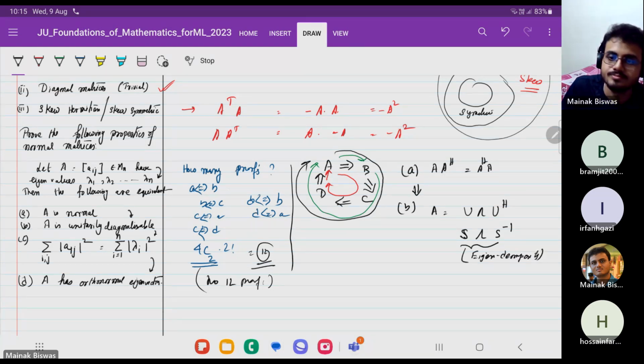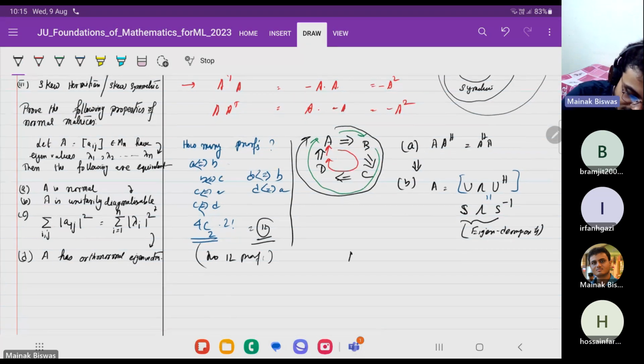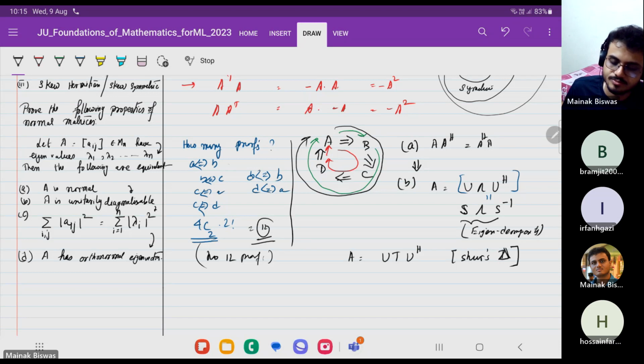Yes, so here we'll be doing eigen decomposition only using unitary matrices. That's the catch. So how will I do that? Do you agree I can write A as U T U Hermitian from Schur's triangularization? We have discussed it today. It's a triangular matrix.